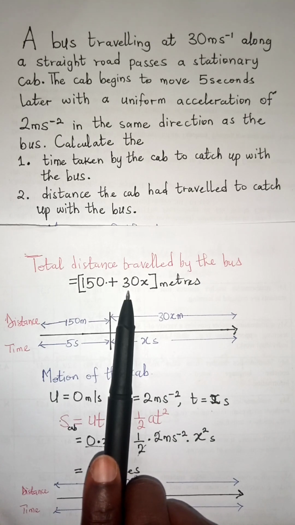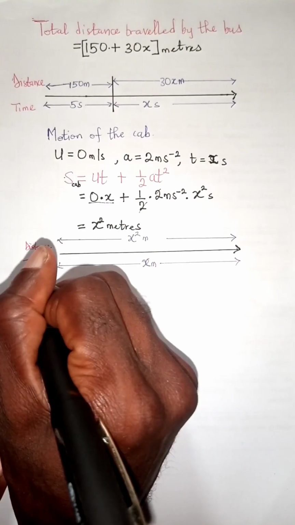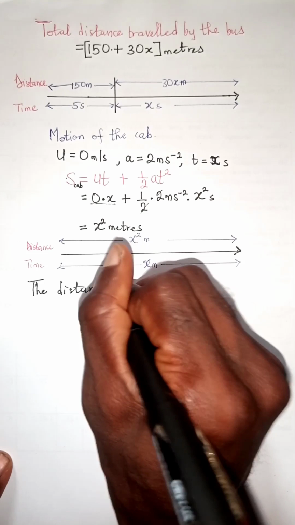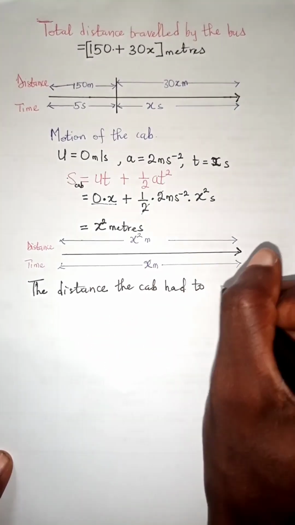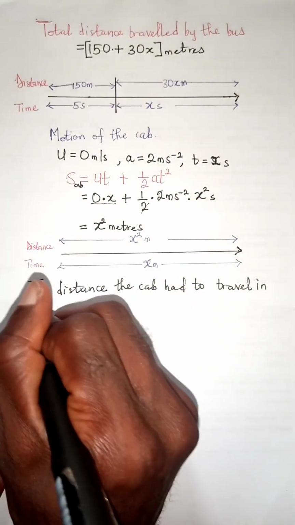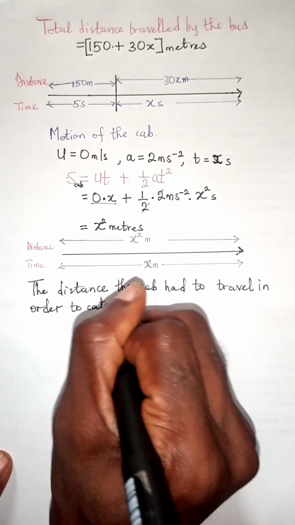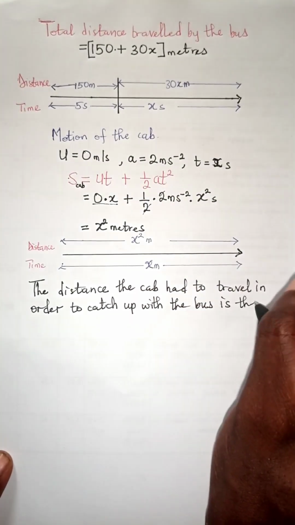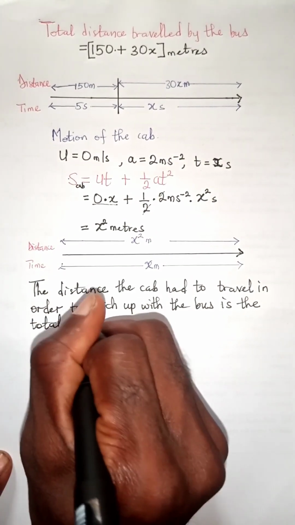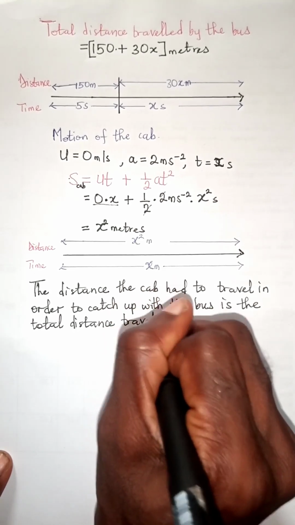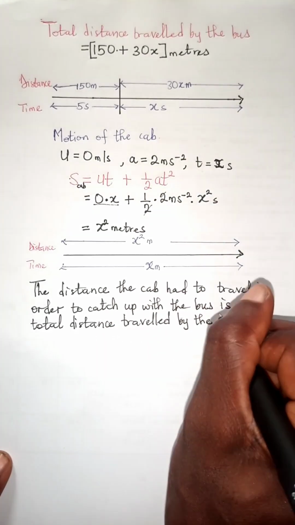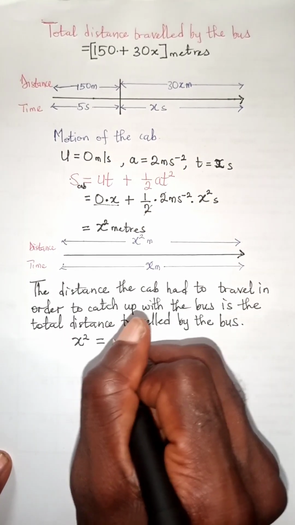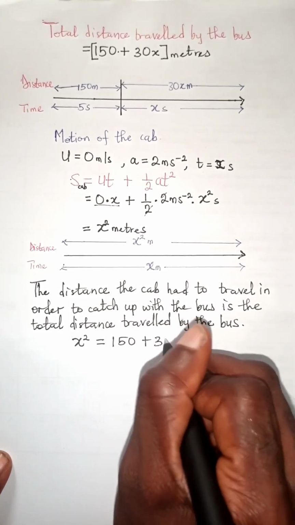So we equate the two of them in order to solve for x. That is, x squared must be equal to 150 plus 30x.